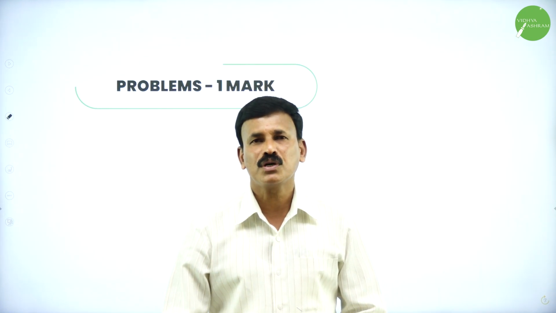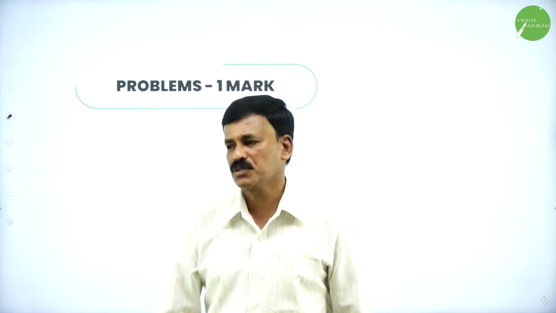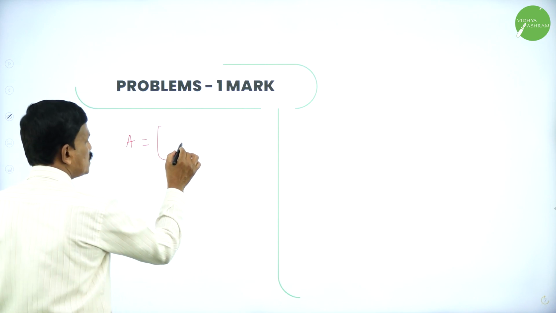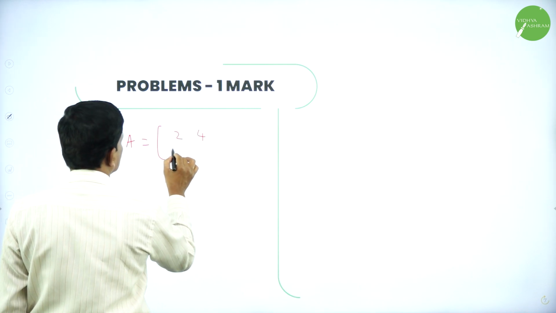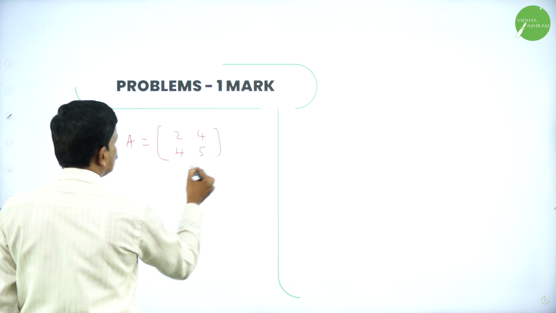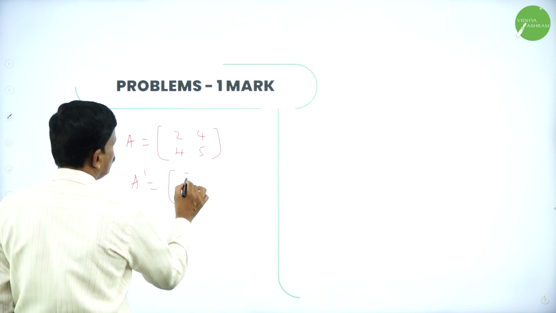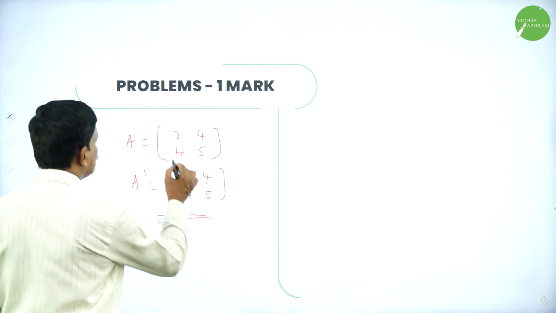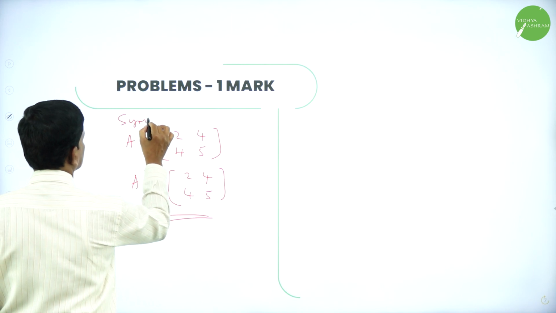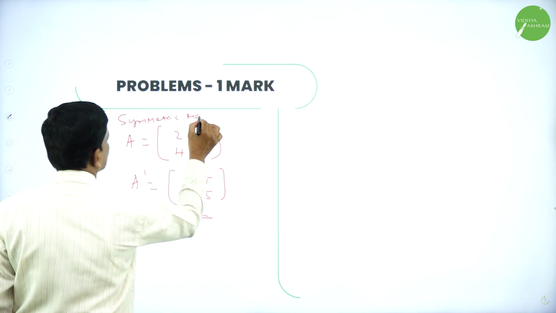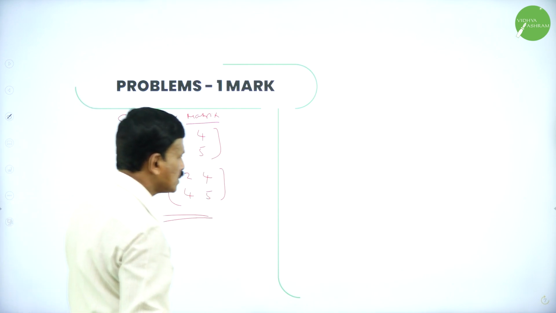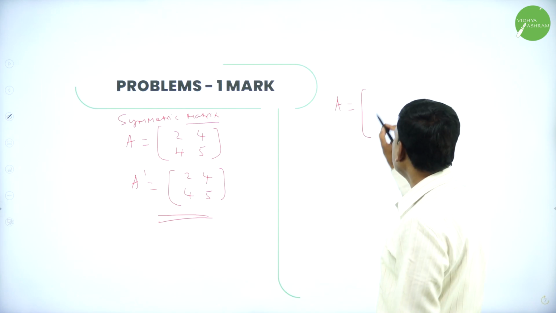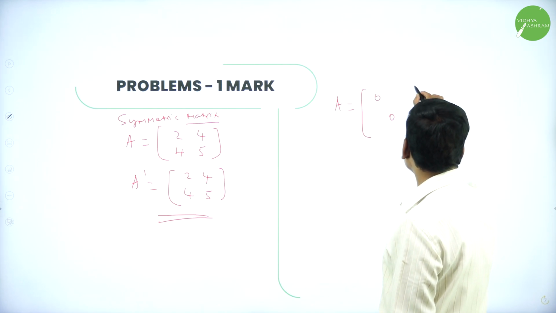Let us take a few more examples on symmetric and skew symmetric matrices. So let us take A is equal to 2, 4, 4, 5. If I transpose this, A dash is equal to 2, 4, 4, 5. This is a symmetric matrix. Now another example for a skew symmetric matrix: write down first the elements 0, 0 in the principal diagonal.